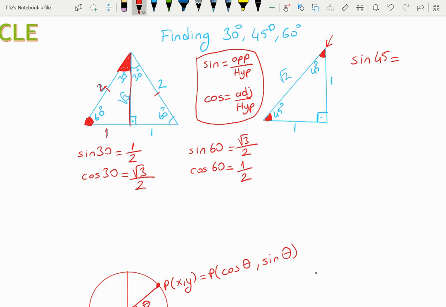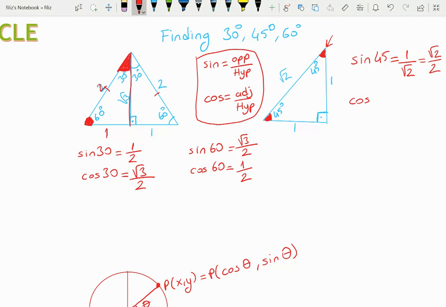Opposite side is 1 over hypotenuse is square root of 2. But actually we don't like to see it like that. So we can write it like square root of 2 over 2.